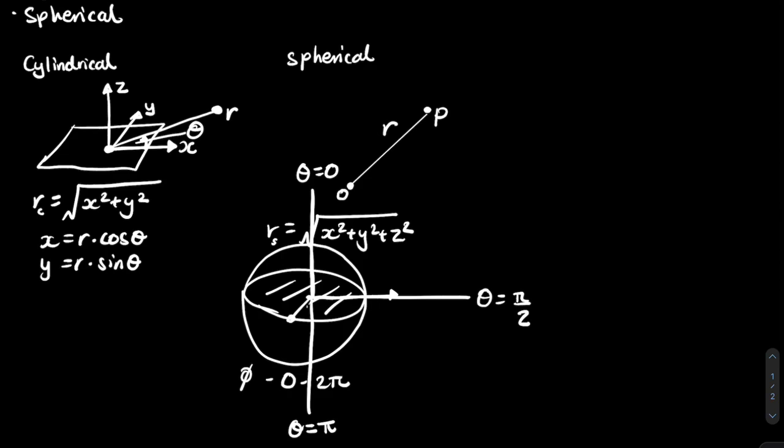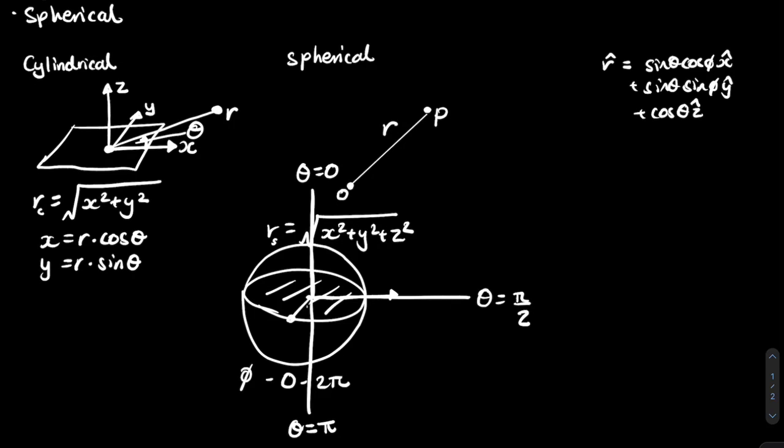A couple that I've found to be quite useful is the unit vector r hat in spherical, which is sine theta cos phi x hat plus sine theta sine phi y hat plus cos theta z hat. That's quite a useful conversion that you can use from going from spherical unit vector to Cartesian unit vector.